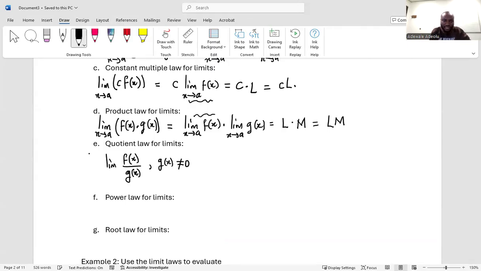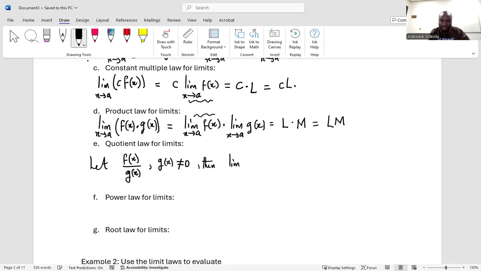So if I am taking the limit as x goes to a, let me do this. We say let f of x divided by g of x such that g of x is not zero.